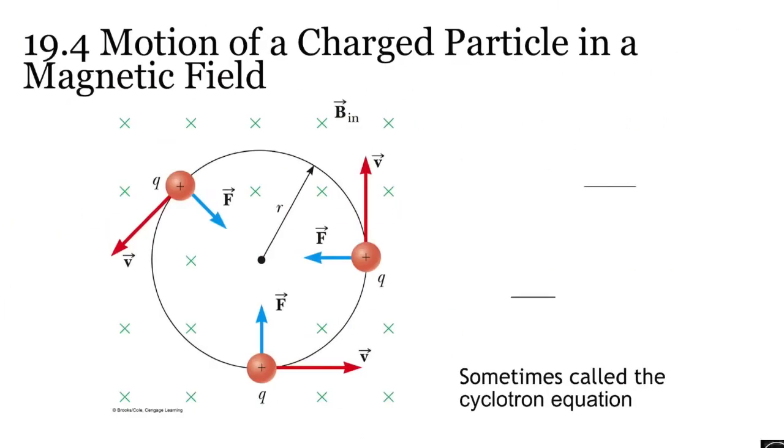Next one, 19.4. Motion of a charged particle in a magnetic field. Let's say a charge is moving and enters an area with a magnetic field which is into the page. Let's say the charge is moving to the right, so the B is into the page.